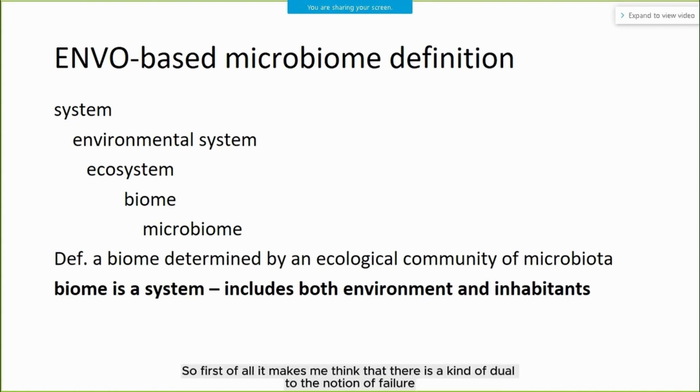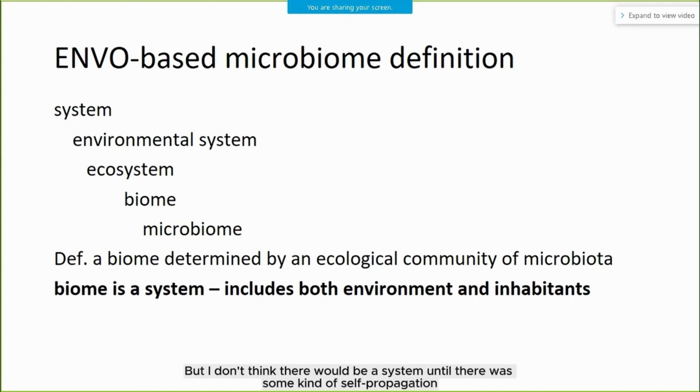So first of all, it makes me think that there is a kind of dual to the notion of failure, which is the notion of creating a new system by accident in this case. So if the organic material on Mars propagates, which I think it probably would not unless we worked very hard, that would involve something like creation of a new system ex nihilo.